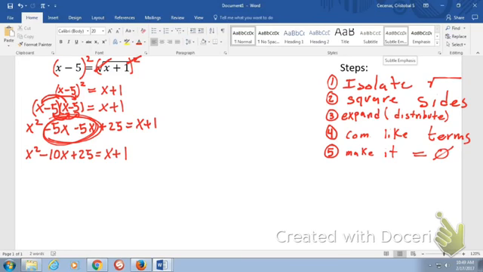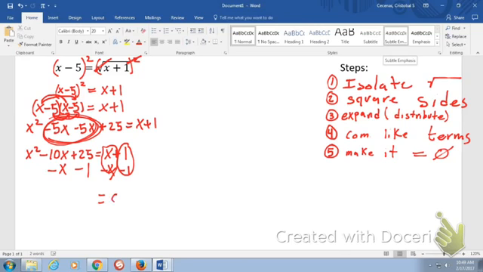So we're going to do that by moving all of this side to the other side. We do that by subtracting 1 and subtracting x. Now, 1 minus 1 is 0, and x minus x is 0. So this side is a big old 0.